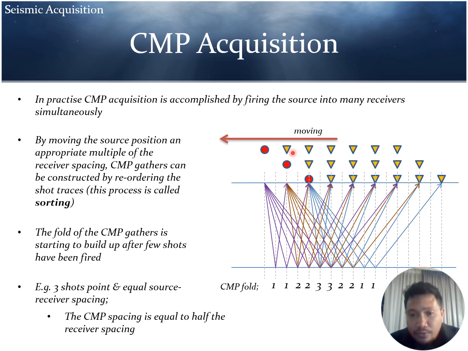Let's say we have 5 meters between the stations, or between the geophones. Geophone 1, 2, 3, 4, the interval is 5 meters. So we need to expect that the interval of the reflection points will be half of the geophone interval.